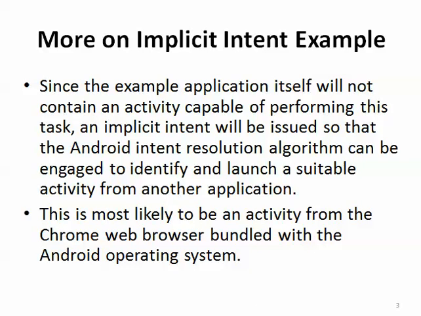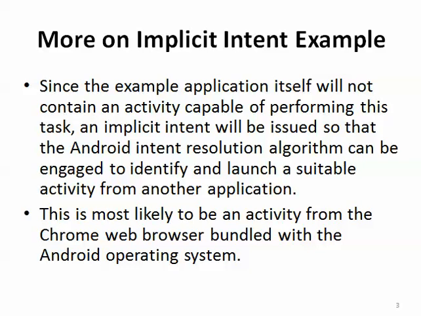Now, why is it that we are using implicit intent? Because the application will not have an activity capable of opening or launching a browser given a URL. Then what we will do is, okay, I need an activity that is able to launch a browser, and I want to open the page that corresponds to the following URL.